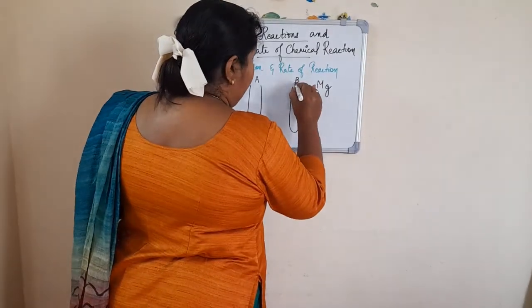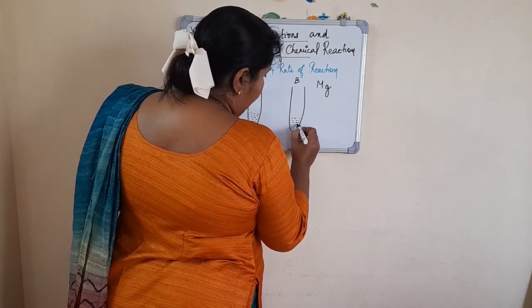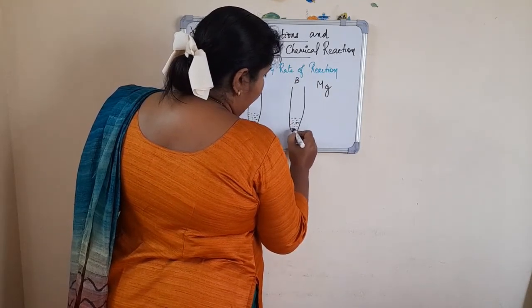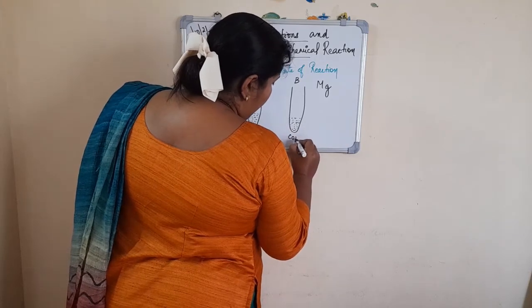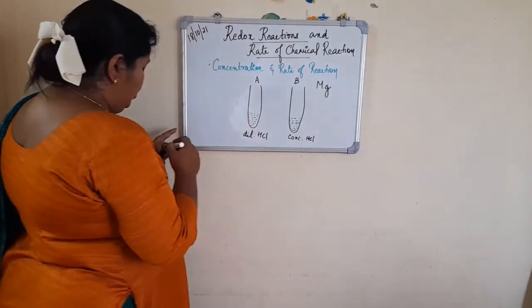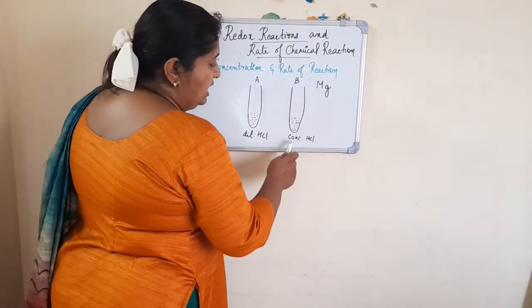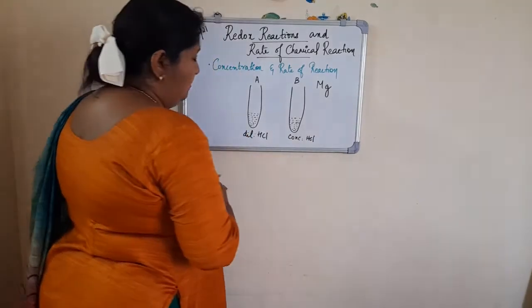In test tube B, I am taking equal volume of concentrated HCl. In one test tube I have taken dilute HCl and in the second I have taken concentrated HCl.